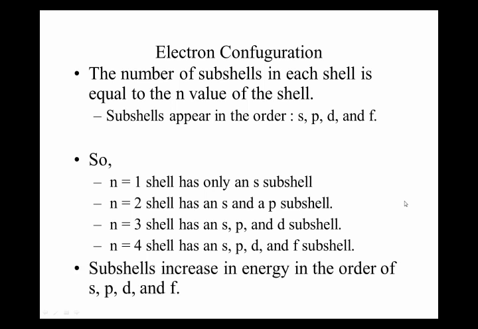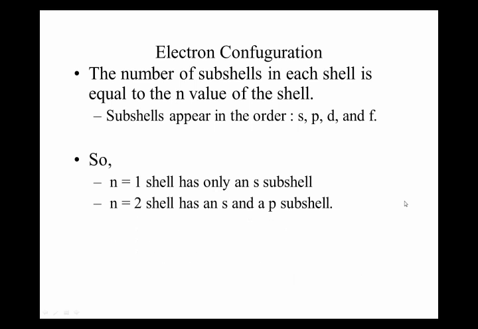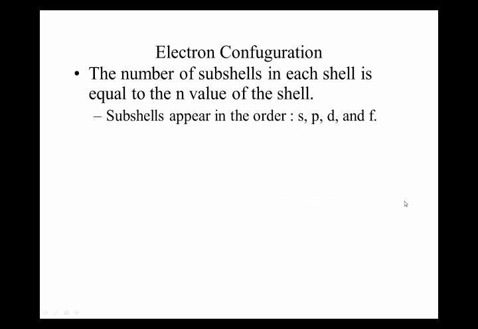There's also a little bit of an energy increase in the order of the subshells s, p, d, and f. However, it's not a greater energy increase than the shell itself. So I'm going to draw these a little bit weirdly. We have energy 1, and then we have the s in there.